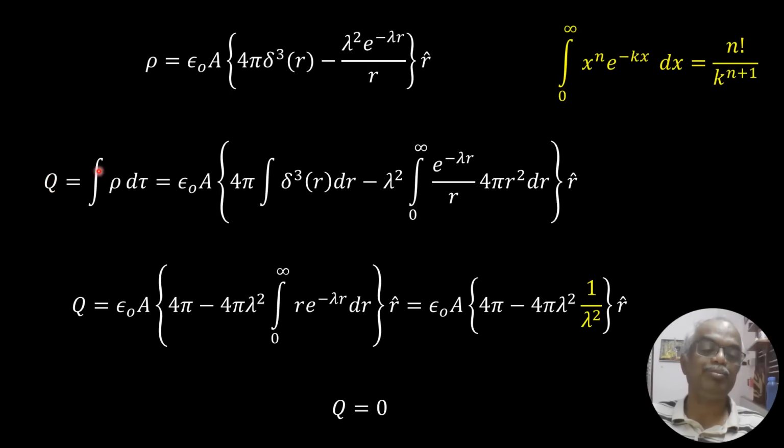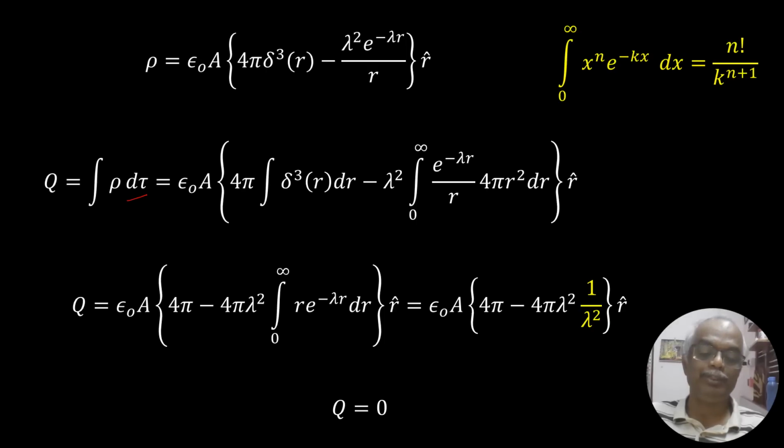Charge is equal to, by definition, integral of rho d tau. So rho we know, and d tau we are going to find, the volume. This is a small volume element with respect to R only.